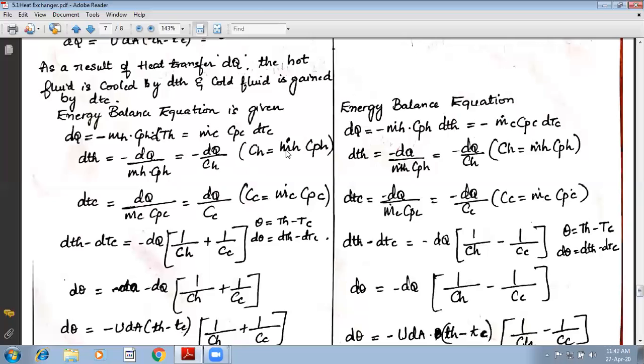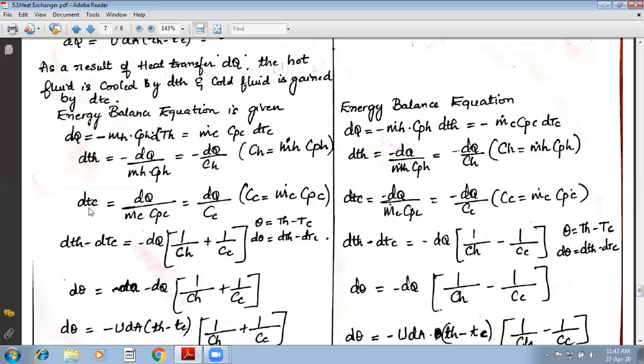It is given by the product of mass flow rate and specific heat corresponding to hot fluid. Hence, C suffix h is equal to m dot h multiplied by Cp of h.